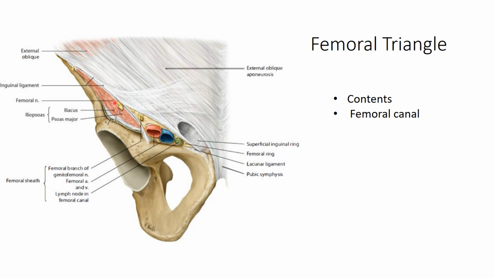So most lateral is the femoral nerve, then medial to that is the femoral branch of the genitofemoral nerve, which pierces and supplies the overlying skin. Then this is the femoral artery. Medial to that is the femoral vein, and most medial compartment is known as the femoral canal.